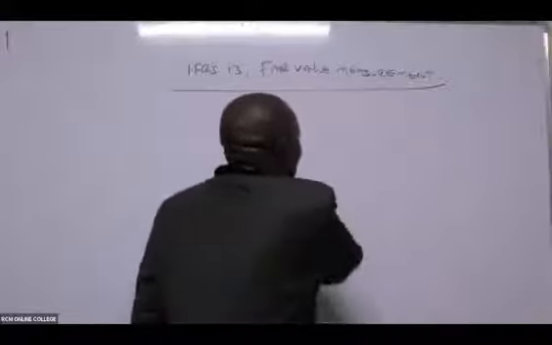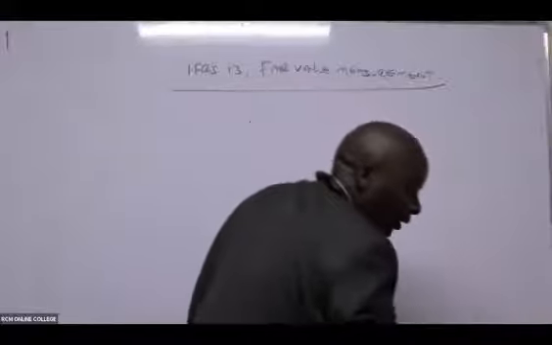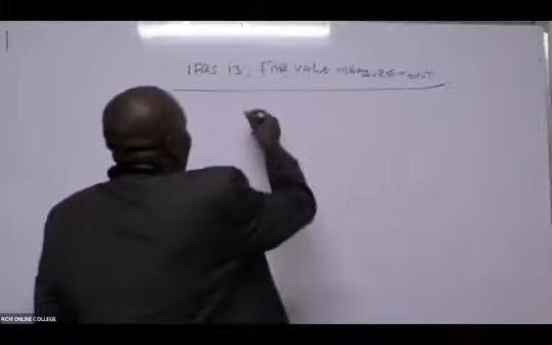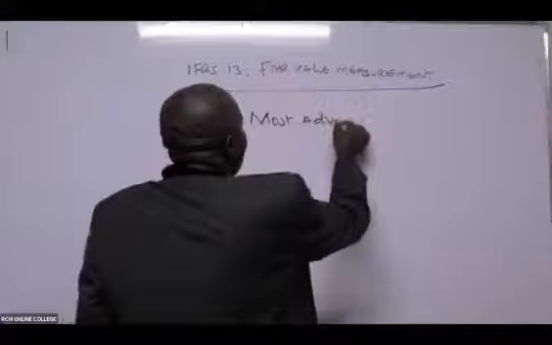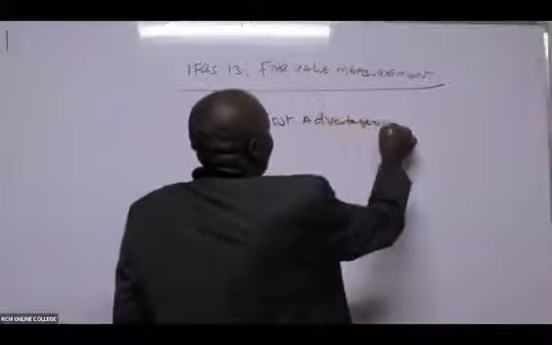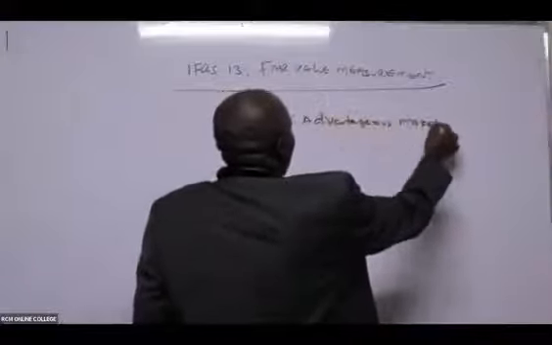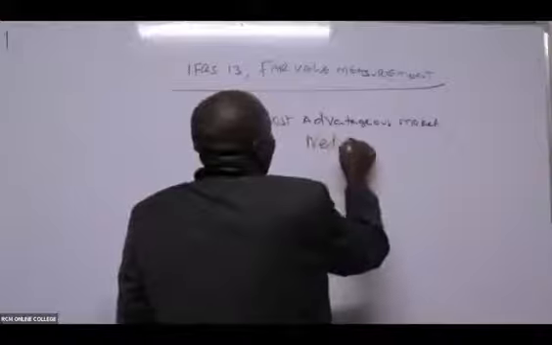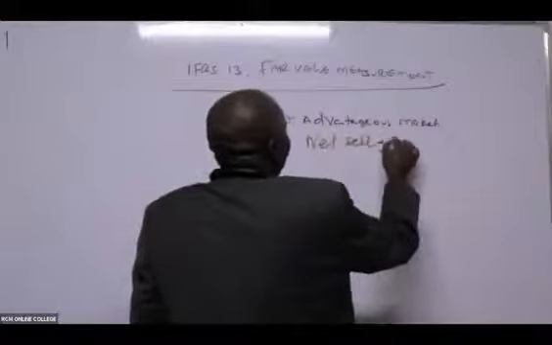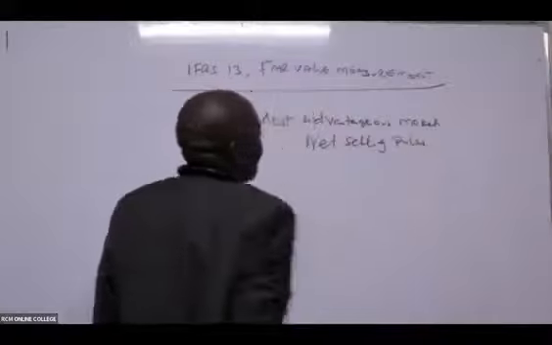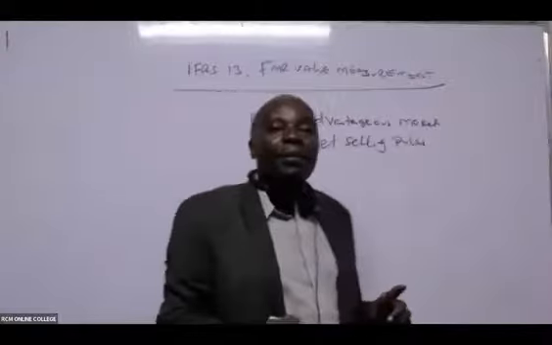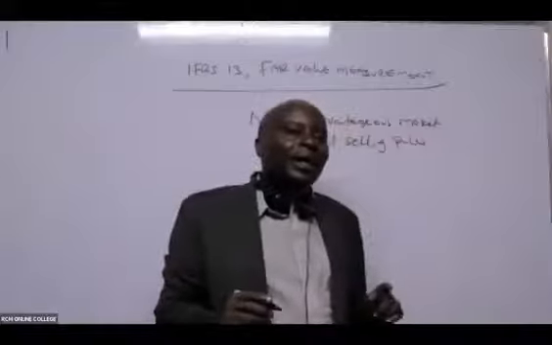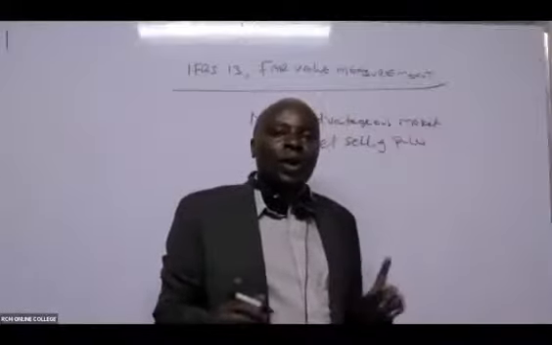To get the most advantageous market, you compare net selling prices. When you are looking at the net selling prices, you are not going to disregard any cost, not even transaction cost.